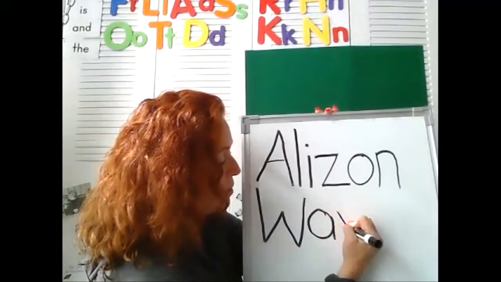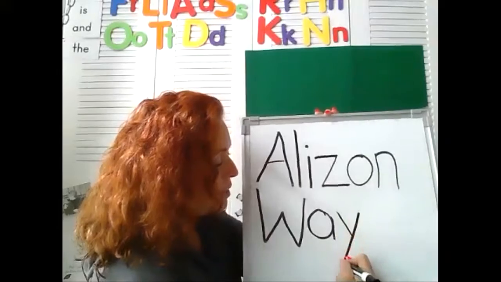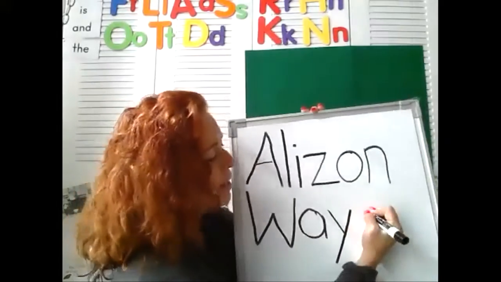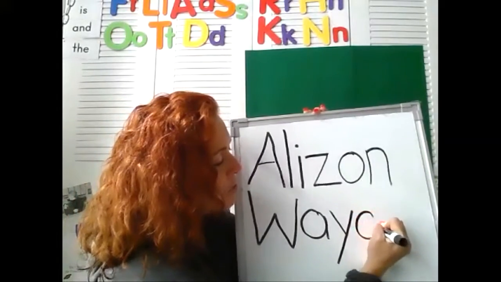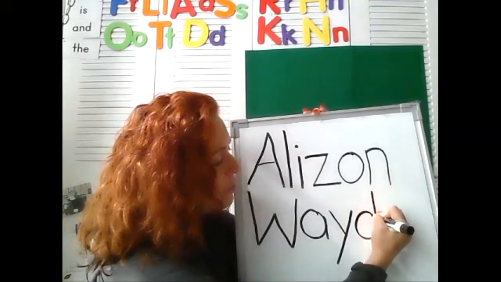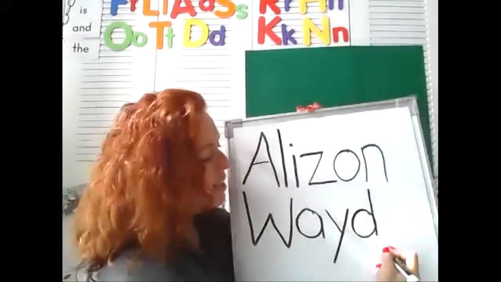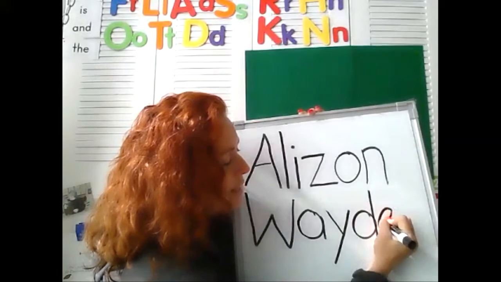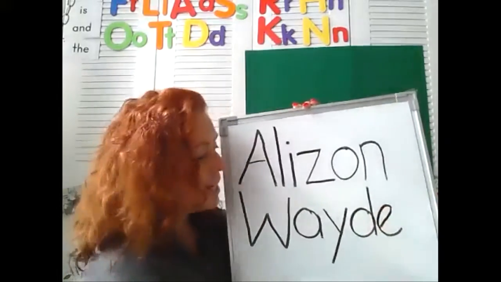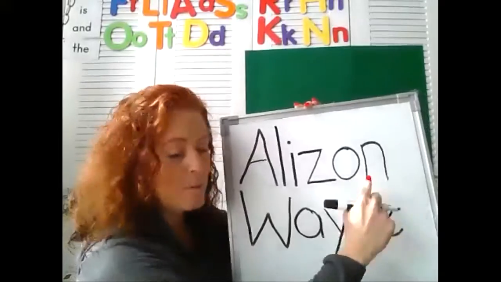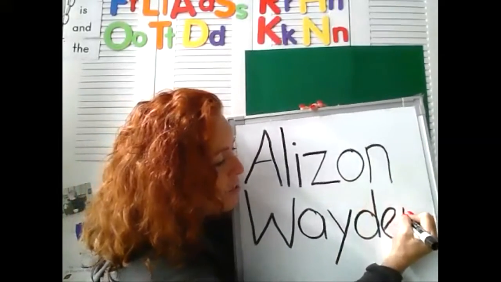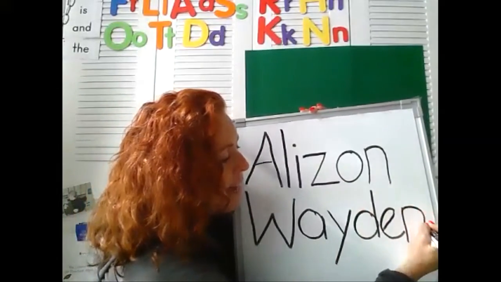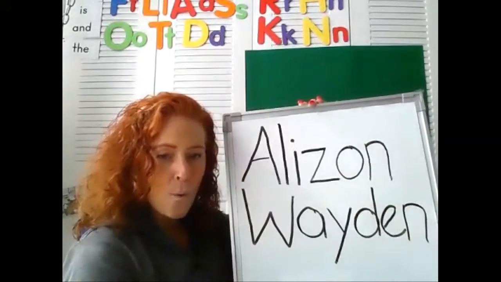So we're going to make that line going down and the other line going this way. We're going to make a D, which is our circle and line. He has an E in his name, so we're going to make that half circle and a line. And the last letter in his name is an N, just like in Allison. So line and a half circle.